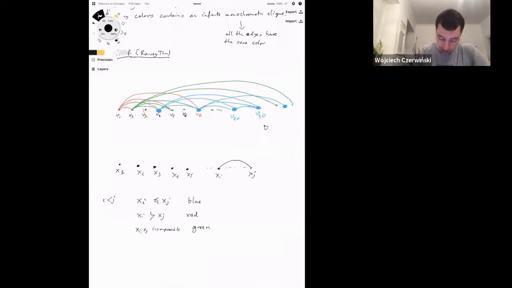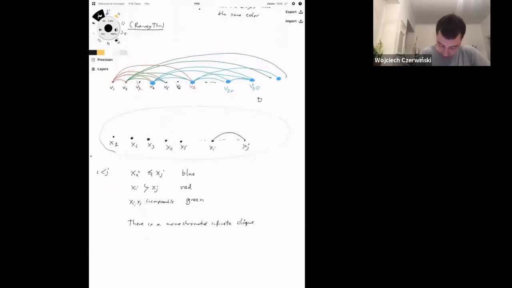So now you color the whole infinite clique by three colors. Therefore, by the infinite Ramsey theorem, there is an infinite monochromatic clique. And the question is, of what color?